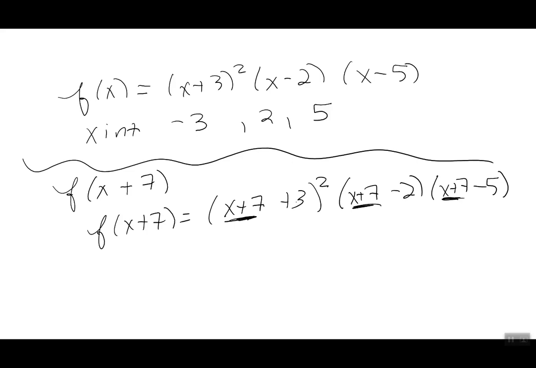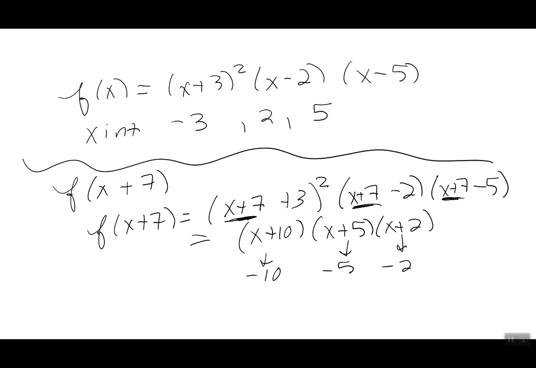So x plus 7 plus 3 is x plus 10. X plus 7 minus 2 is x plus 5. And then x plus 7 minus 5 is x plus 2. So we could do it this way, where we plug the x plus 7 in, and that would say, oh, I have negative 10, I have negative 5, and I have negative 2.